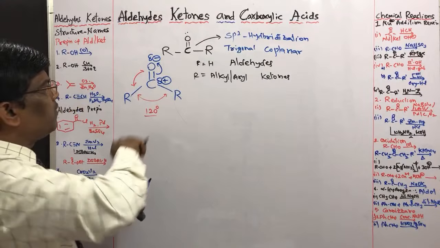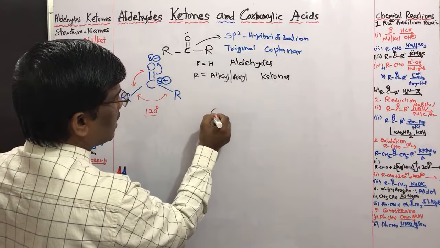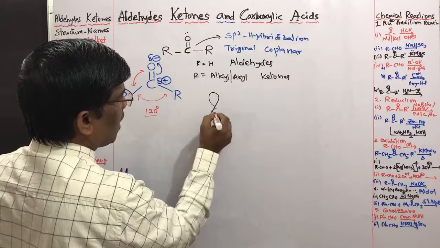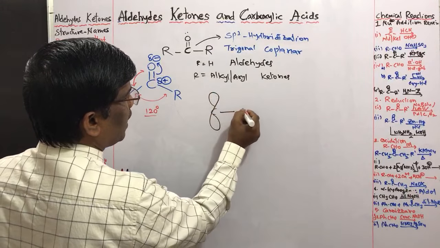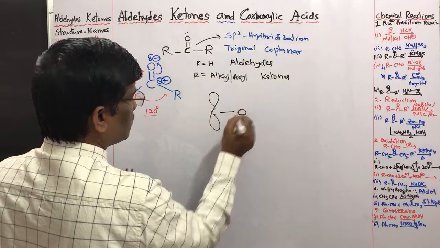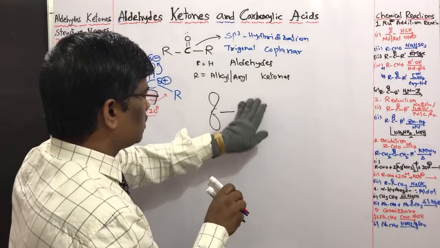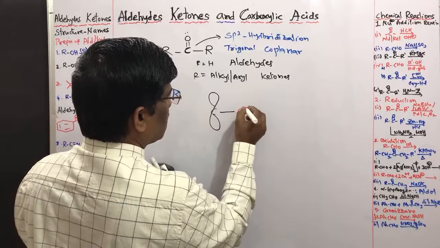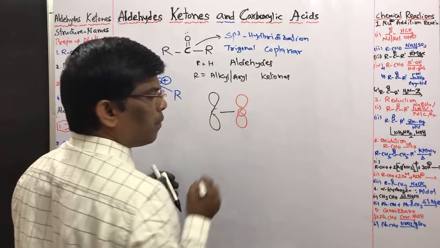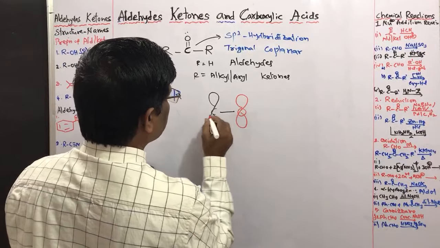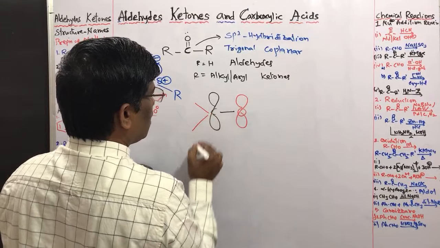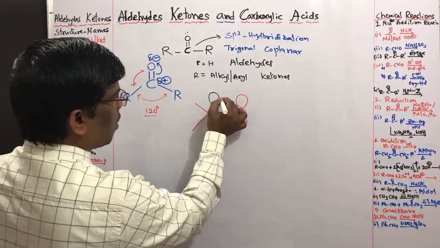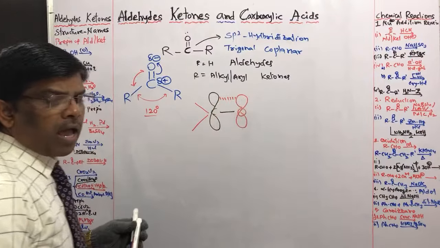The bond between carbon and oxygen is a pi bond, where oxygen uses its p orbital to form a side-on overlapping pi bond.